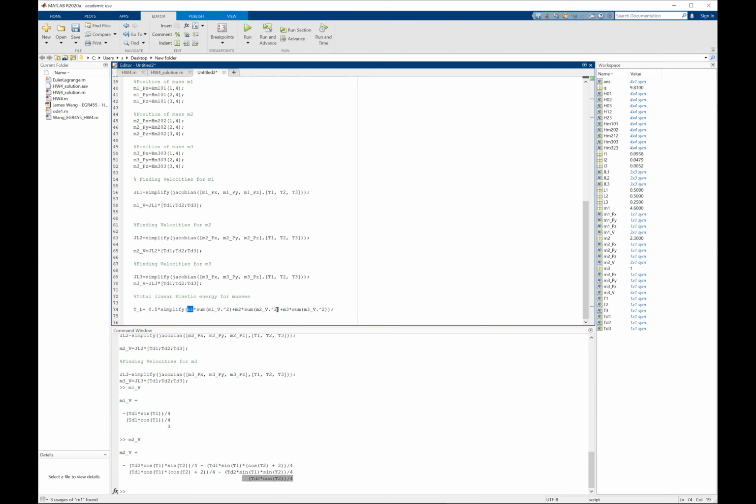This expression is m2 multiplied by the summation of the squares of individual components of velocity. So boom, this is your linear kinetic energy. And that is what we will use when we try to find the Lagrangian.